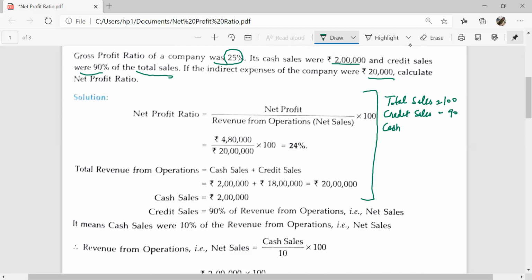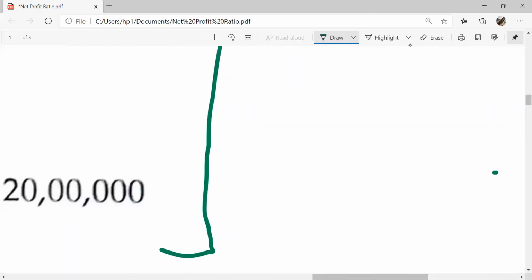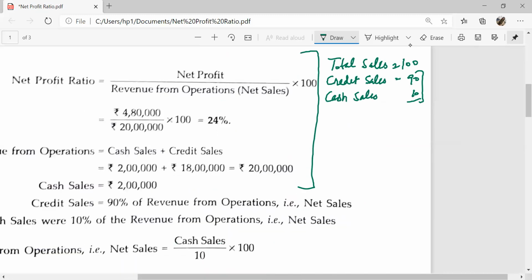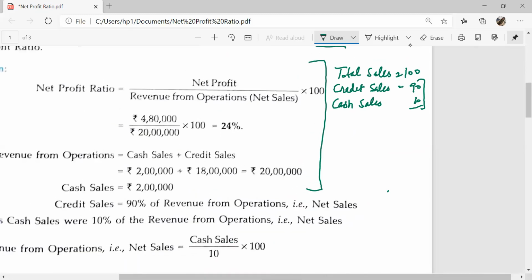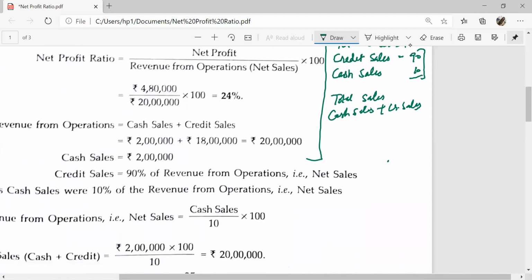Then cash sales is equal to 10 and total sales is equal to cash sales plus credit sales.